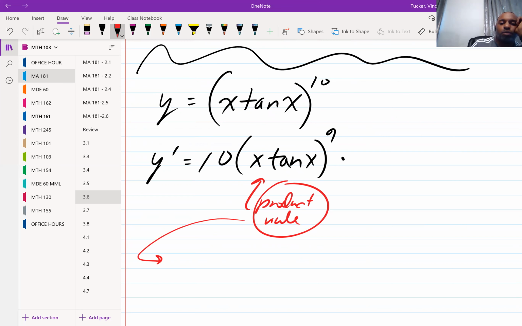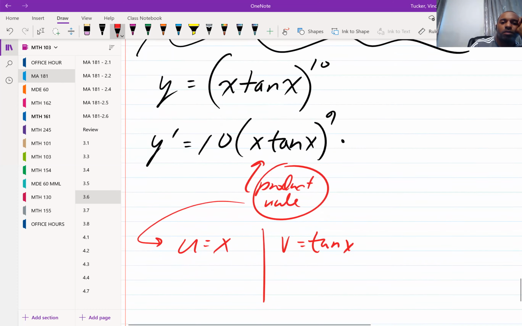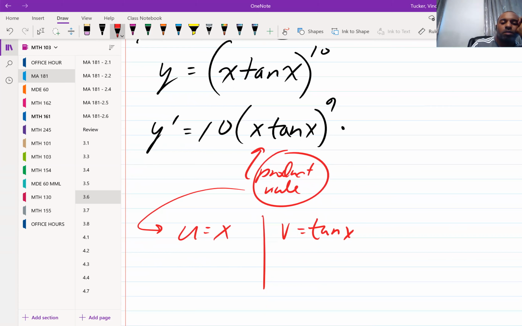If we're going to do the product rule, U is going to be x, V is going to be tan x. The derivative of U, which is x, is just going to be 1. The derivative of V is secant squared x.